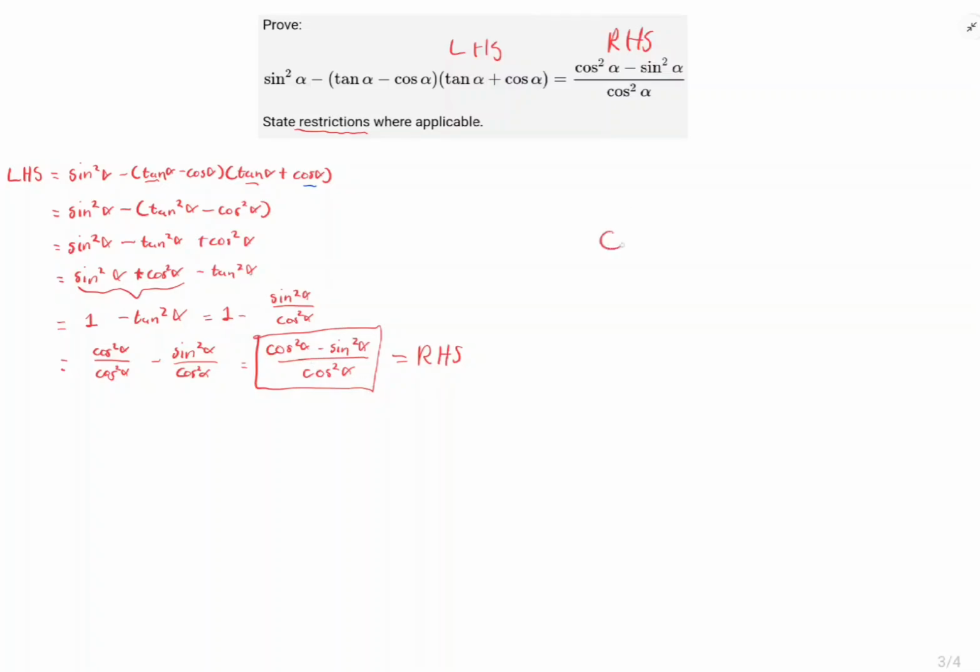So what is the restriction there going to be? Firstly, you want to equate the denominator to 0. Remember you can write cos squared angle is equal to 0. You want to square root it, still going to be 0.